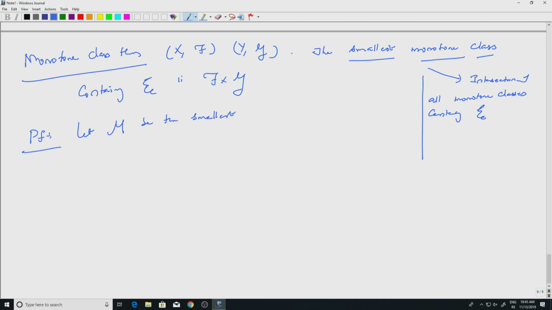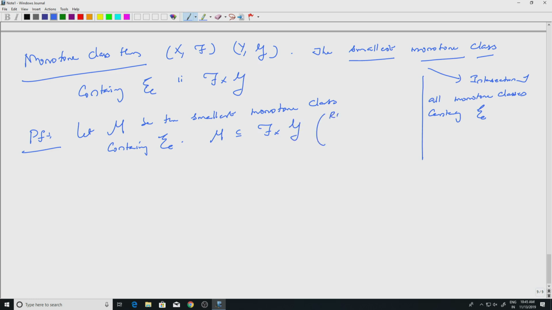smallest monotone class containing script E. So of course that exists because you can take the intersection, and there is always one because you can take the power set or the sigma algebra generated by this, right. So obviously script M is contained in F cross G. Remember F cross G is a sigma algebra, right.